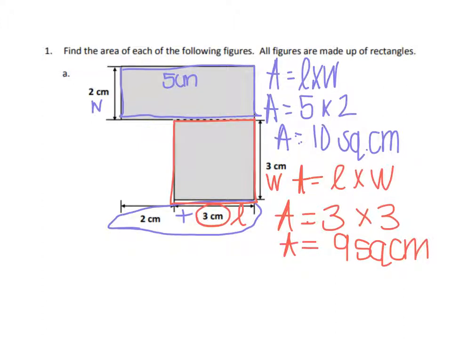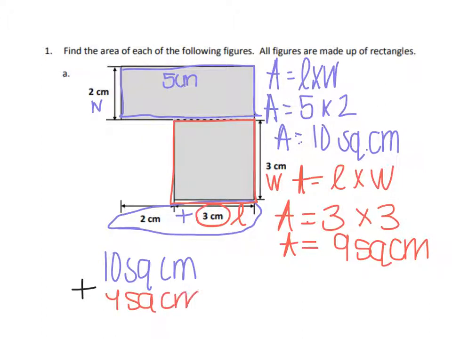So in order to figure out the entire shape's area, I need to take the area of the purple rectangle, which is 10 square centimeters, and then I am going to add it to the square, which was 9 square centimeters.